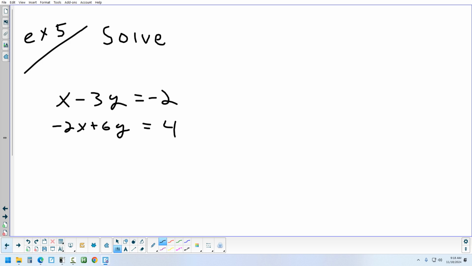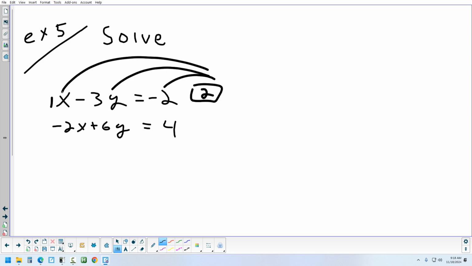All right. Which letter do we want to try to eliminate this time? Sure. What's the coefficient in front of x in the top? 1. Is there something you can multiply by to make it the opposite of the bottom? 2. Yeah, then I would say that's a good one to use. So put a 2. That's what we're going to distribute.